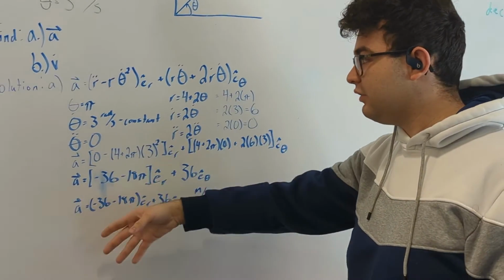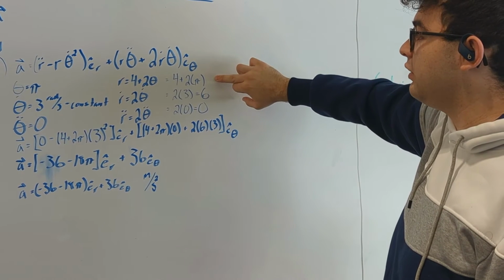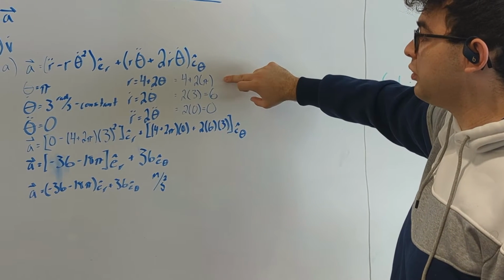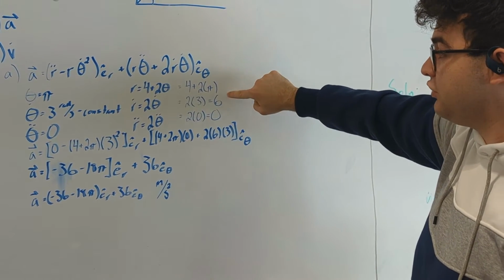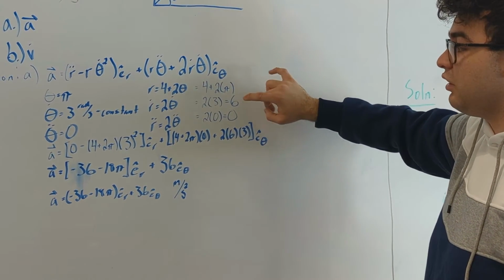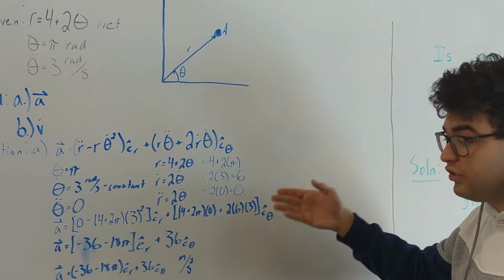Since we already have the thetas, we can plug them right in. So r equals 4 plus 2 pi. r dot equals 2 theta dot, which is 2 times 3, which is 6. And r double dot is 2 times theta double dot, which is 2 times 0, which is 0.